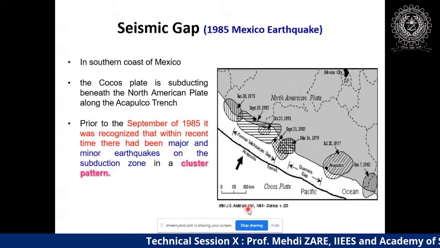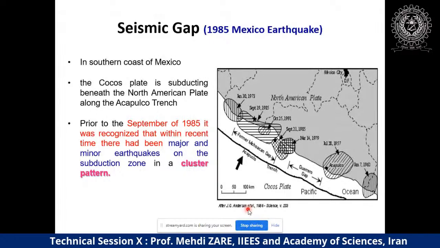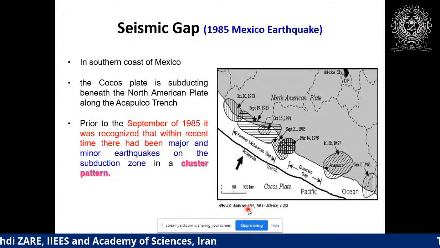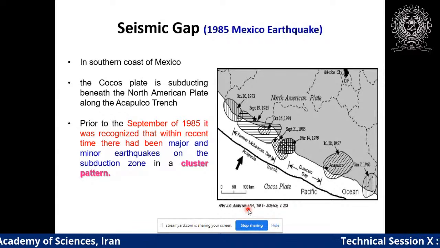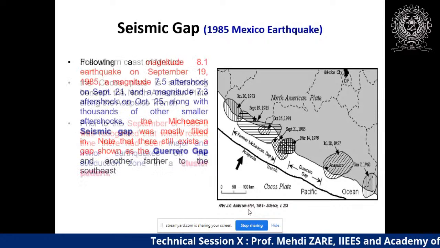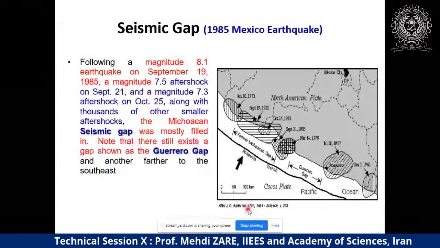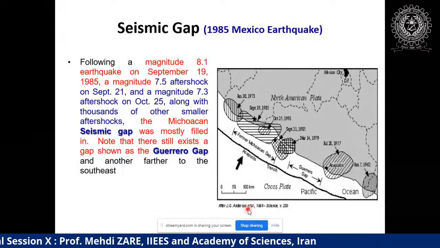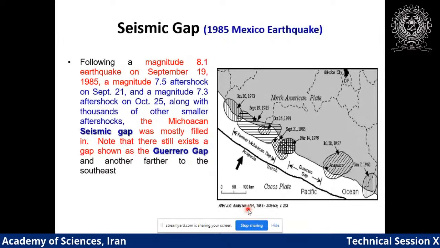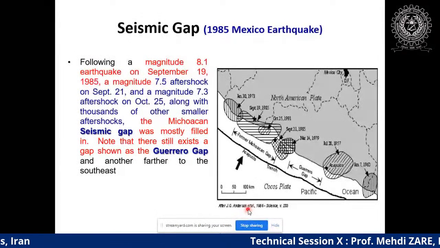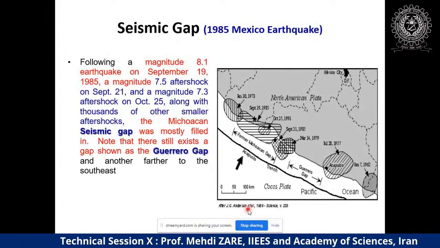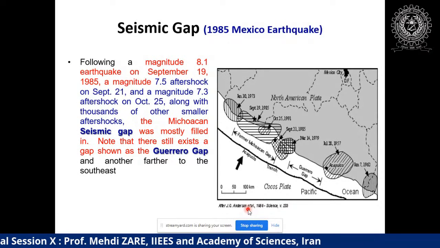Therefore, we may look at the major and minor earthquakes that occurred before the 1985 earthquake as cluster patterns, as I have mentioned. After the 19 September 1985 earthquake with magnitude 7, there were some earthquakes on September 21st and October 25 of the same year, and thousands of smaller aftershocks.